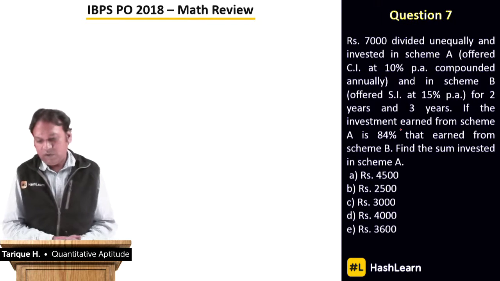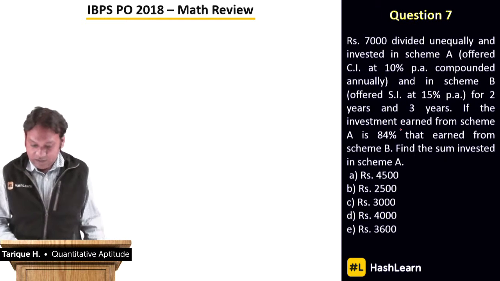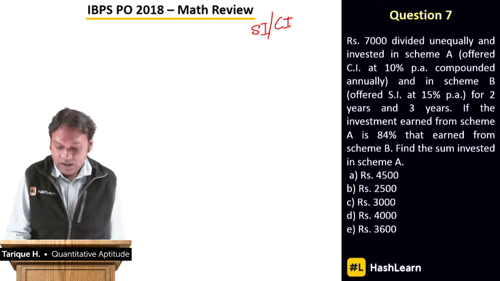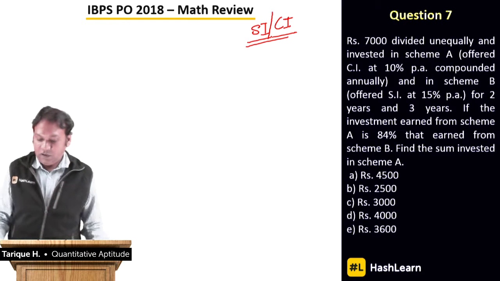Alright, now let's move on to the next question. Again, here we have a question of simple interest and compound interest. Very lengthy question. It's almost like a short reading comprehension.